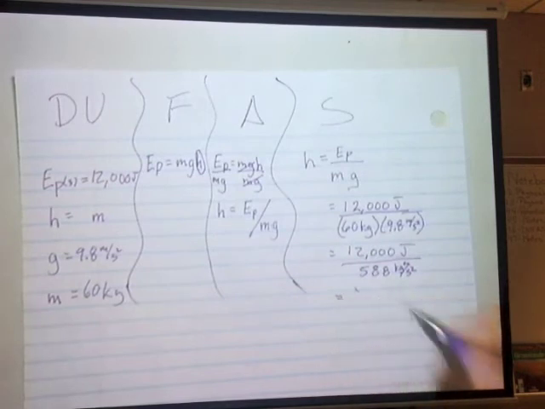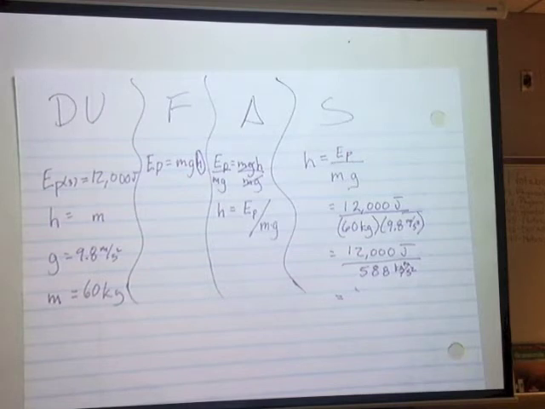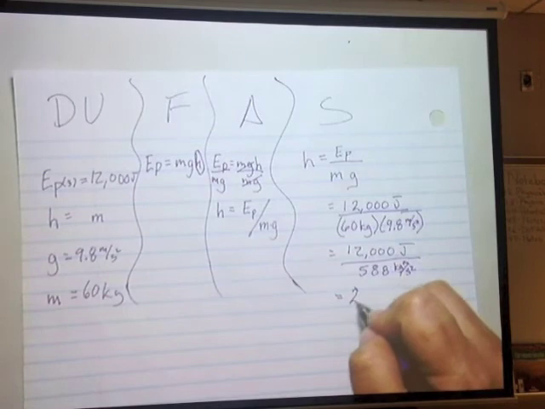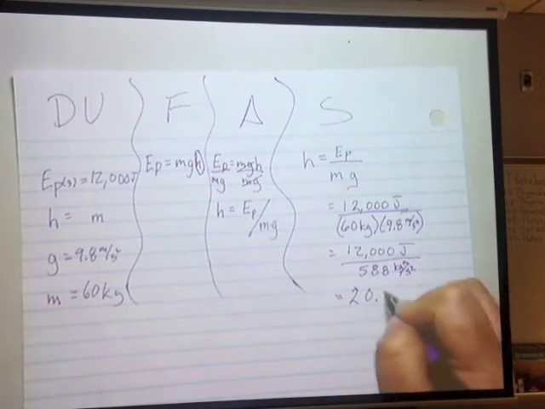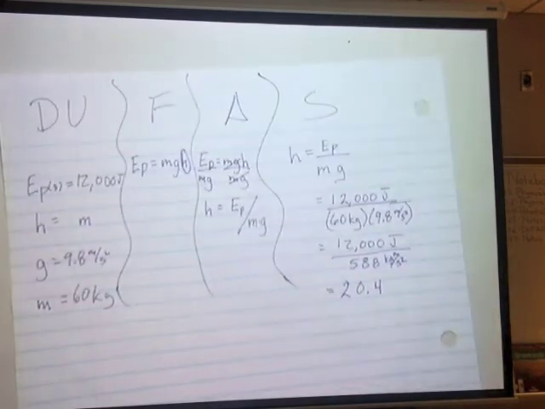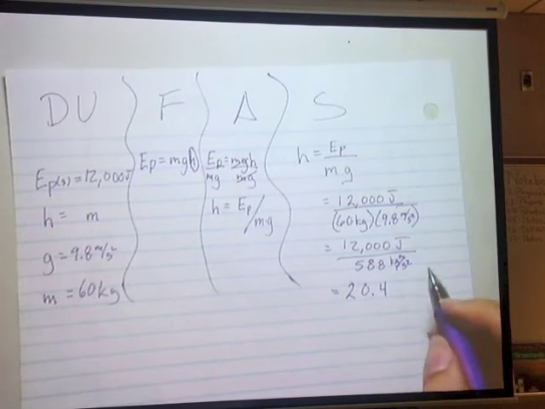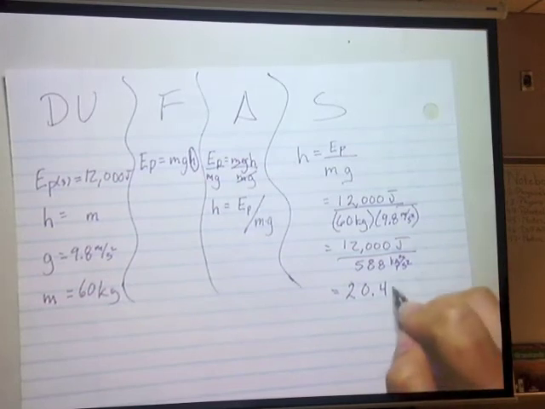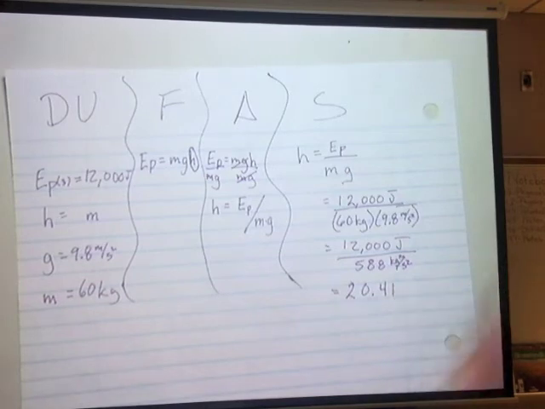And then you're going to divide your numbers, 12,000 divided by 588, which gives you 20.4, and I would always go through and round to the nearest hundredths place. So since it's 20.408, you're going to round to 20.41, and this is height, so you know your unit is meters, and that is your answer.